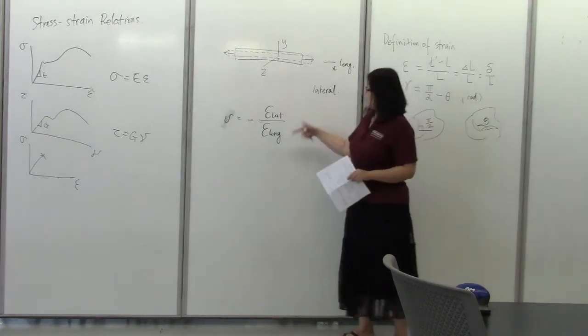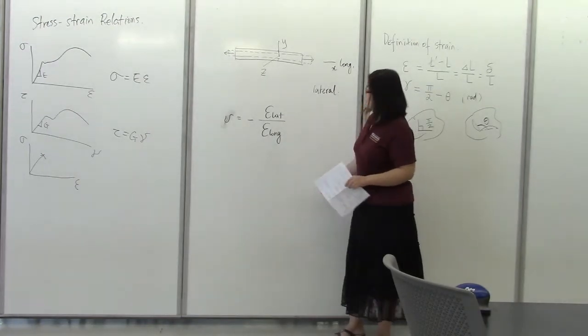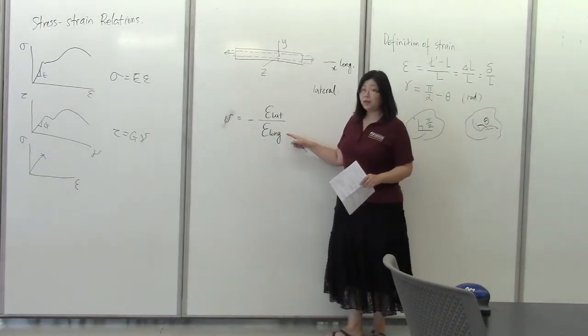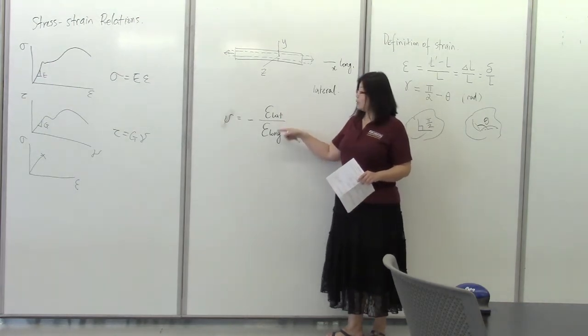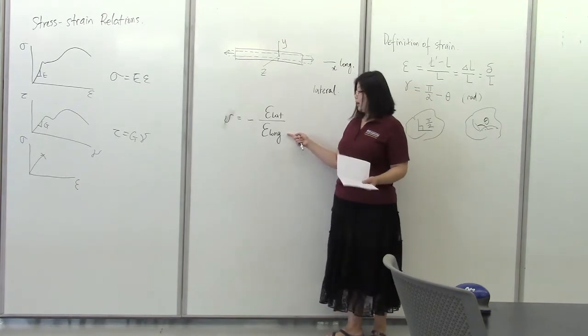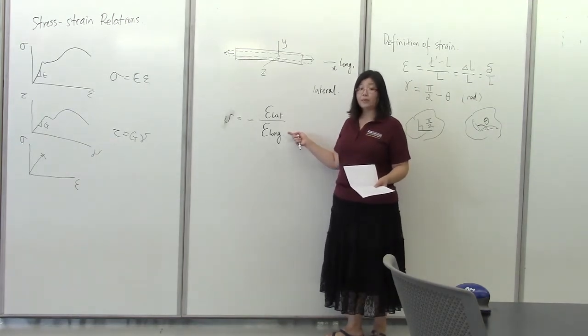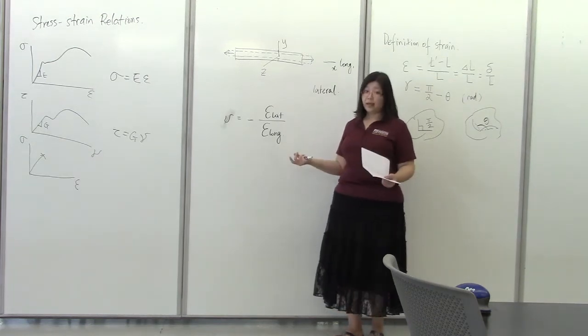All right. These two are related, and there is a negative sign in this formula. That is because whenever we have elongation in one direction, we have contraction in the other. So the signs of these two epsilons are always opposite to each other. If epsilon longitudinal is positive, then epsilon lateral will be negative, and vice versa.